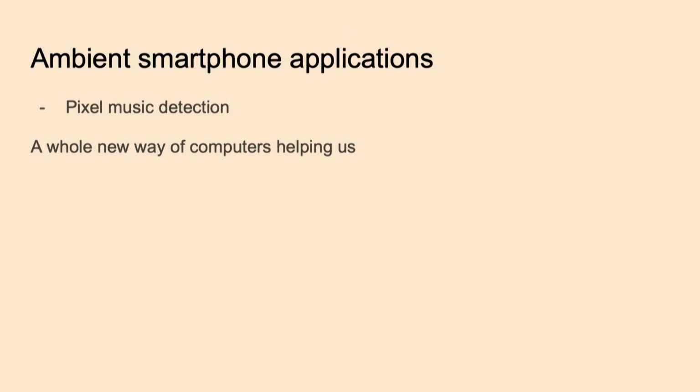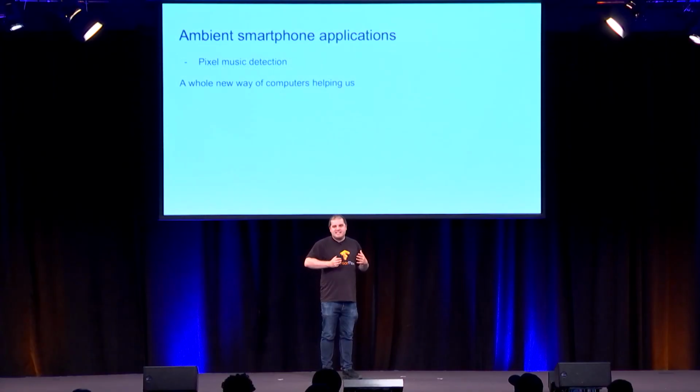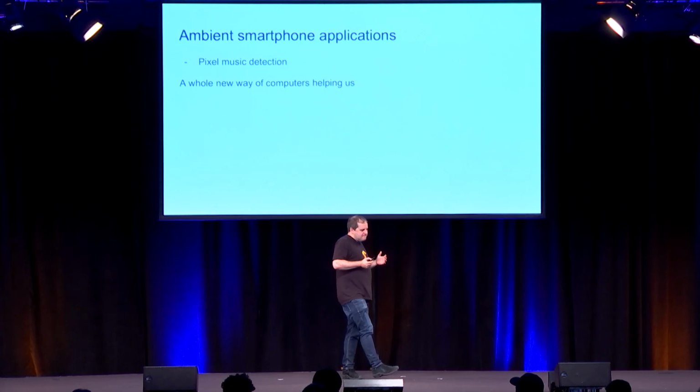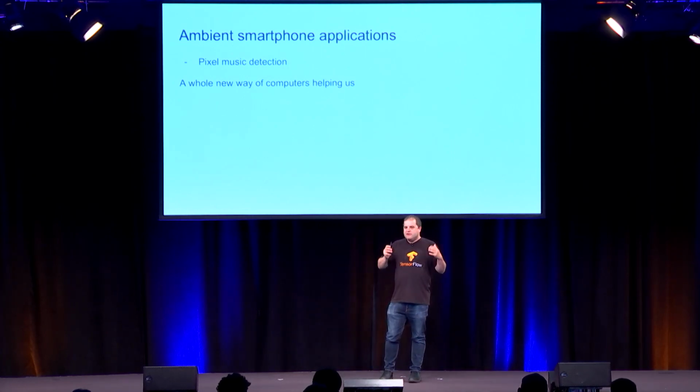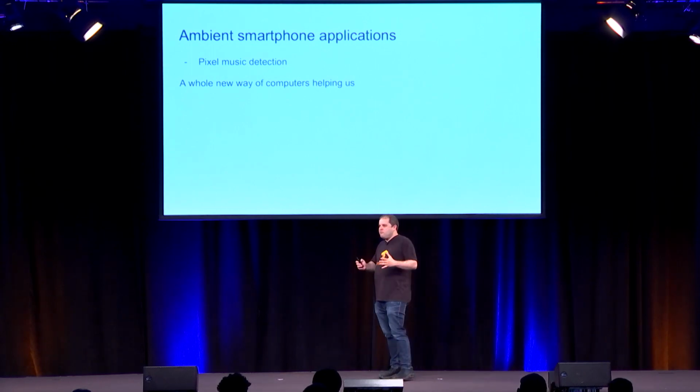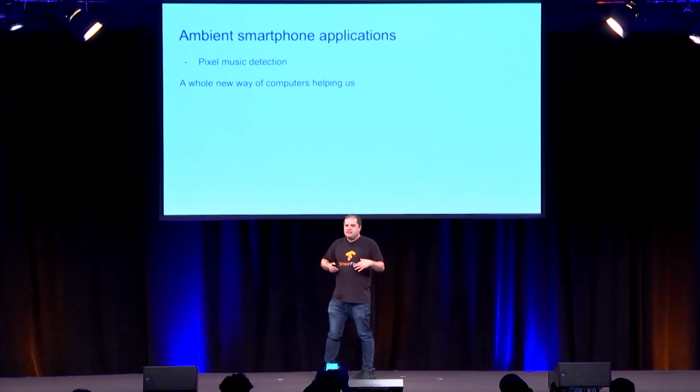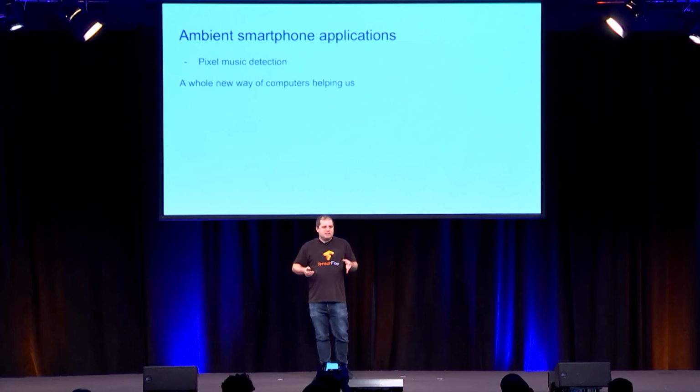So I mentioned the pixel music detection, which I really feel is this fascinating use case for me because it's a whole new way that computers are able to help us. We don't actually have to explicitly ask the phone to do something for us. It's just kind of sitting there in the background and is providing useful information.